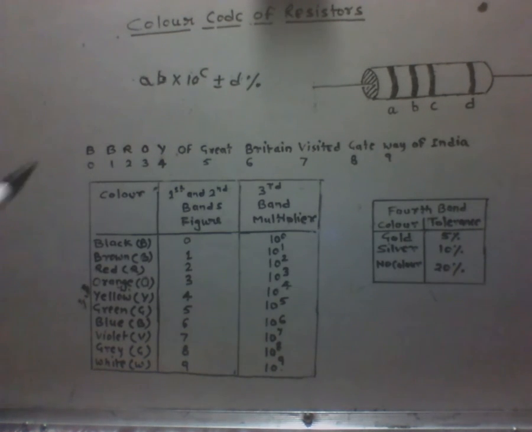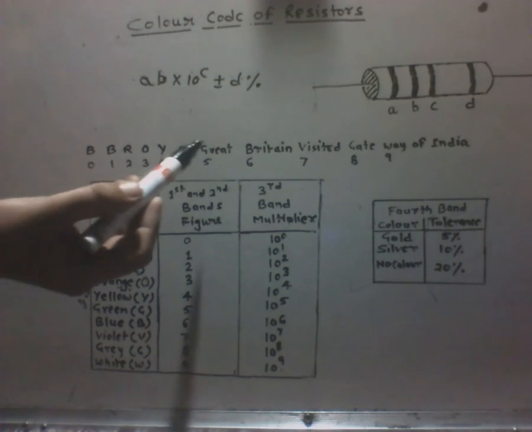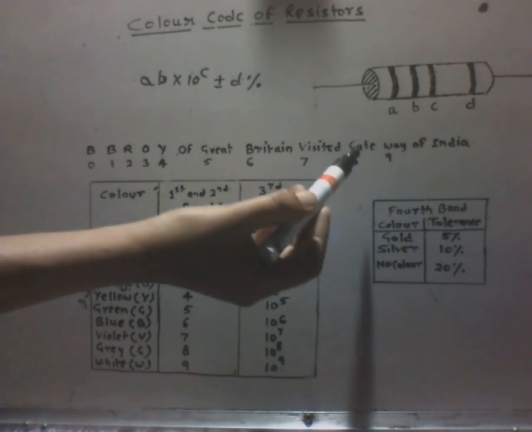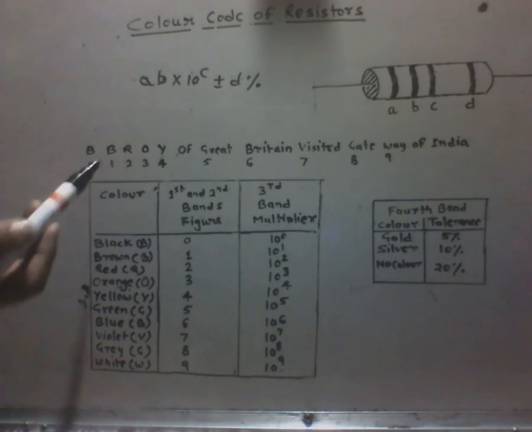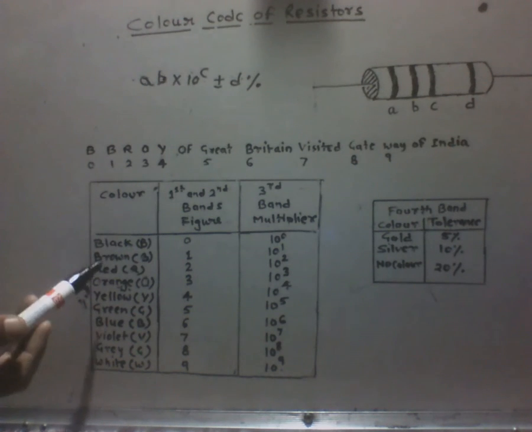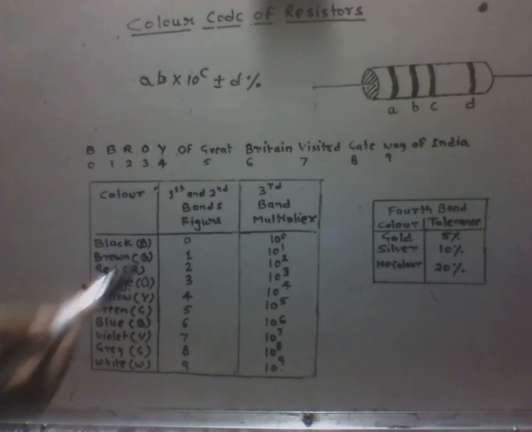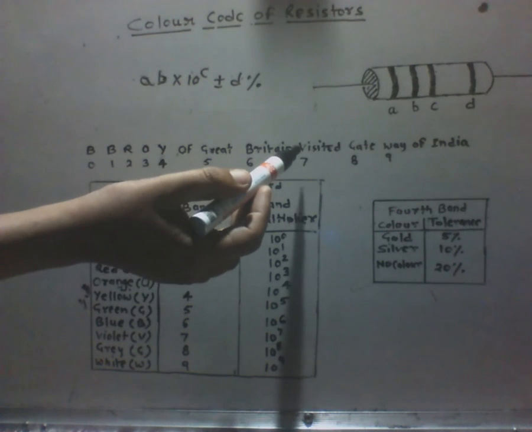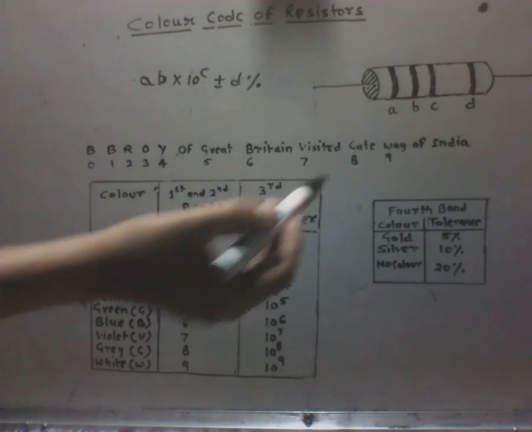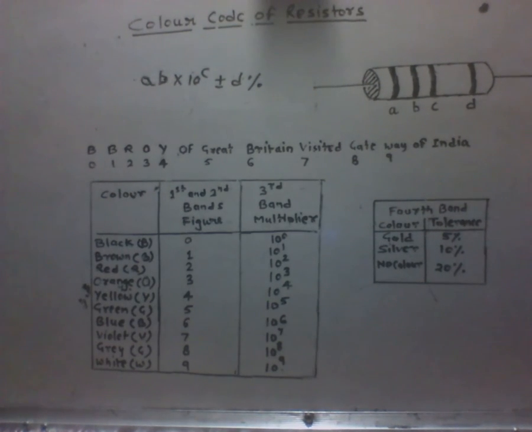Here the letters B, B, R, O, Y, G, B, V, G, W stand for: first B stands for black, second B stands for brown, R stands for red, O for orange, Y for yellow, G for green, B for blue, V for violet, G for grey, and W for white.